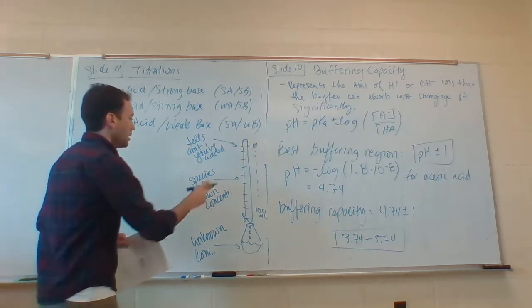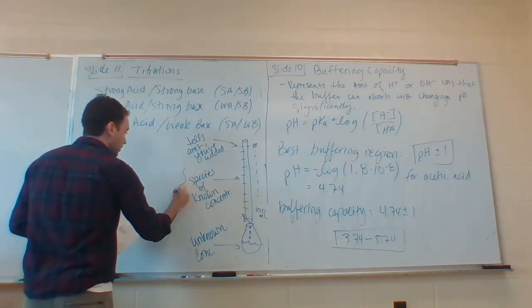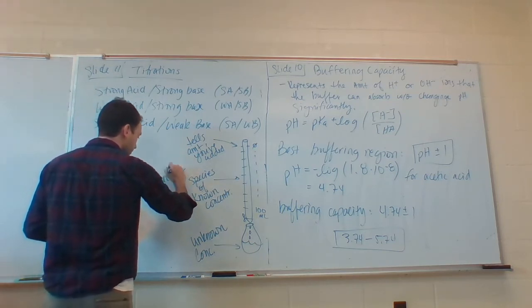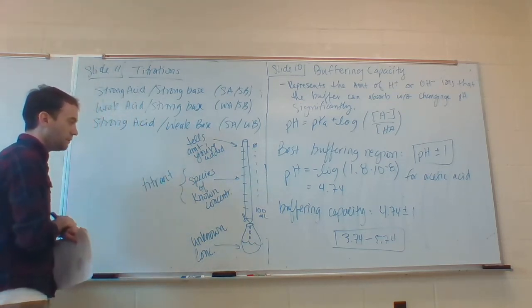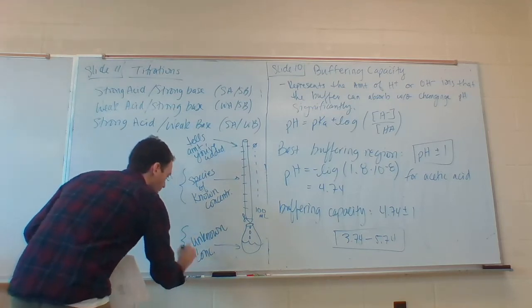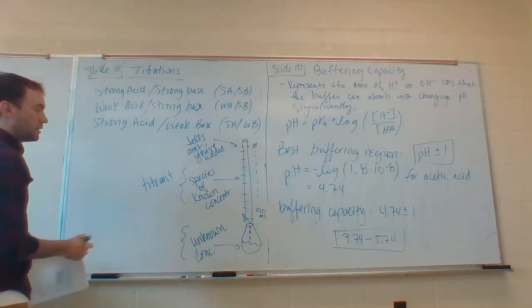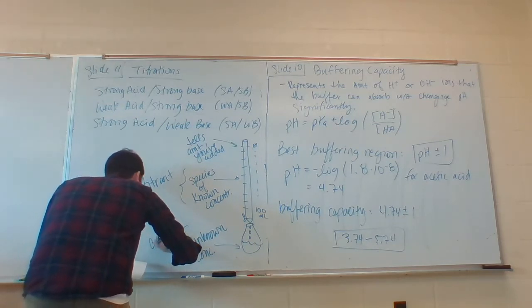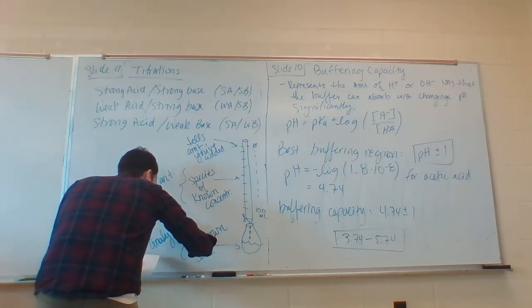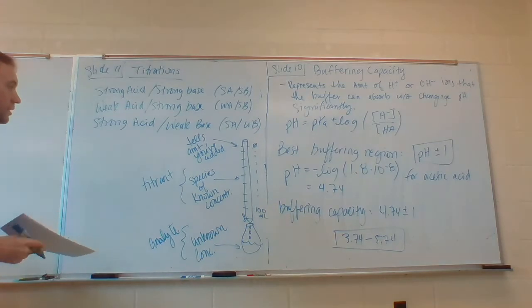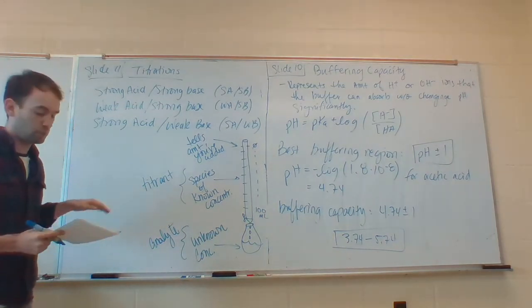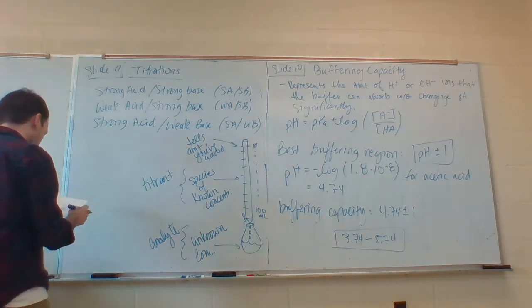Now, in the burette, that component is called your titrant, okay? And the one that is in the flask is called your analyte, okay? Sometimes people use different names. I'm probably going to use these for the most part in this class, okay?